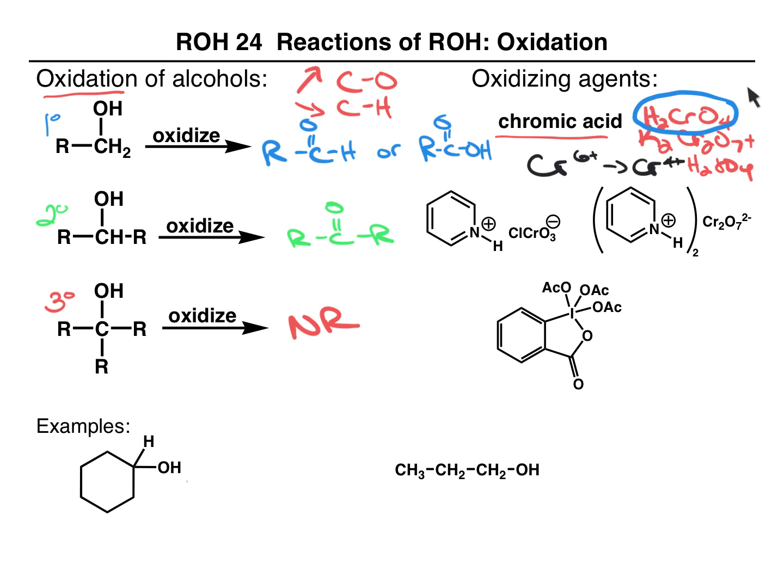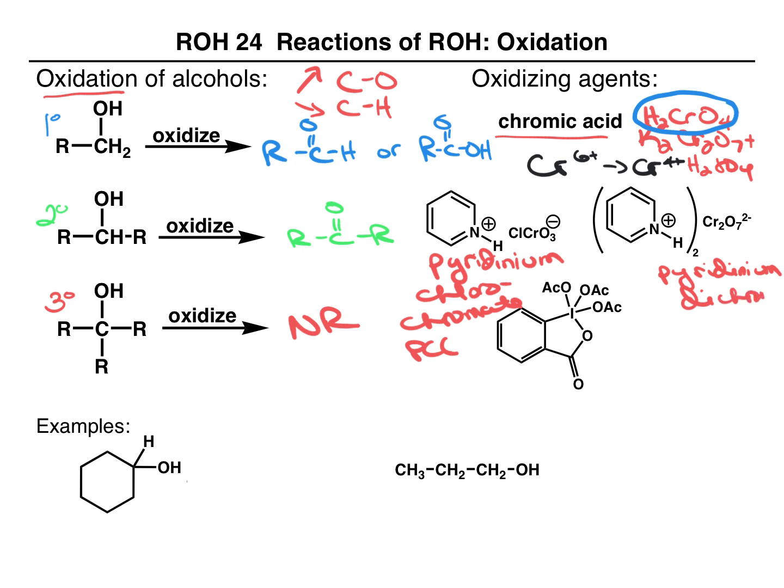In addition to chromic acid itself, there are a few other chromium-based reagents that had been developed. Here we have pyridinium chlorochromate, or PCC, and this one is pyridinium dichromate, or PDC.